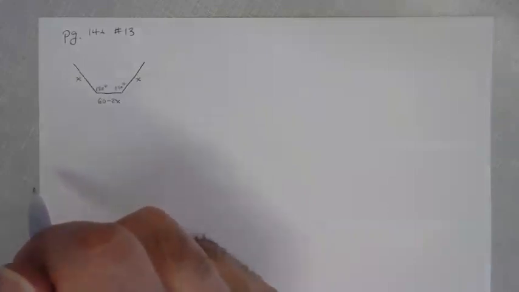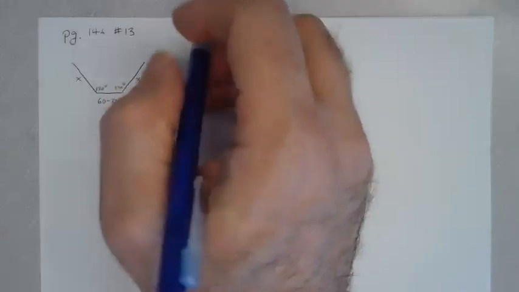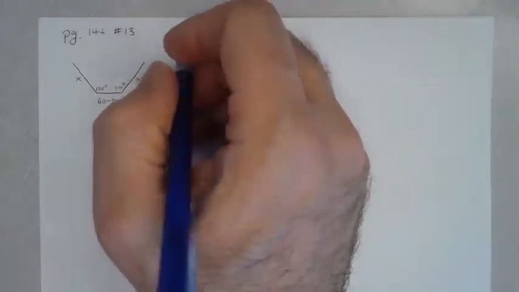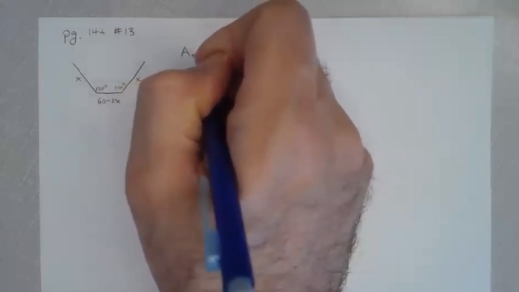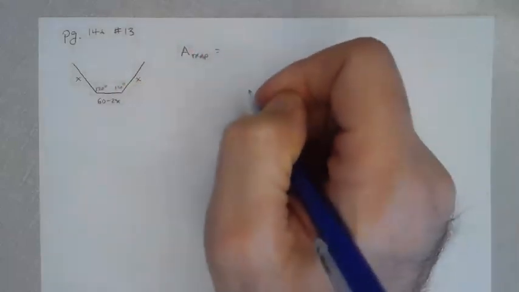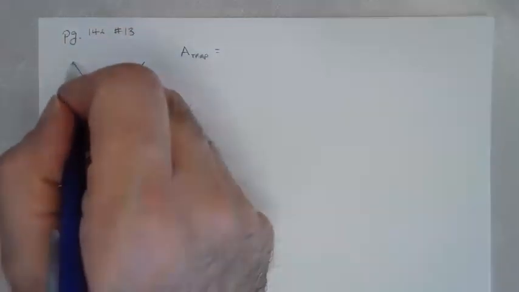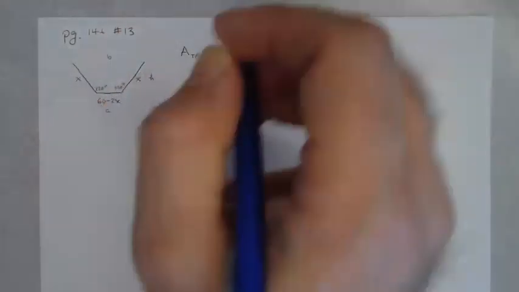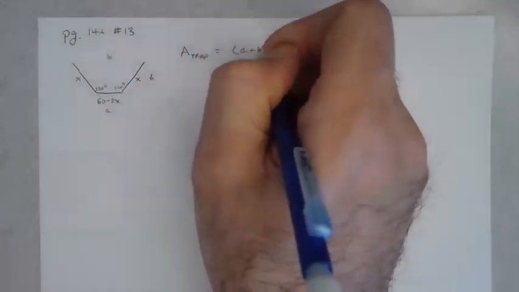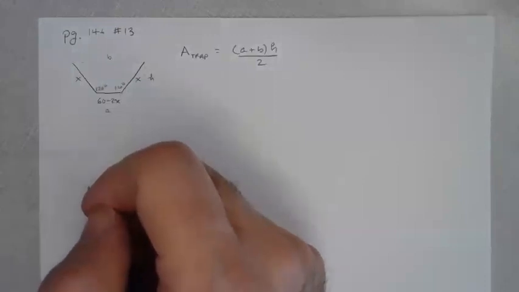All right. And so now we want to write down what we're trying to maximize, which in this case is the surface area of my trapezoid. Okay. And of course, we know that that's given by, so, let me draw my diagram here, that if this is the height, and we'll call this B and we'll call this A, it's A plus B times H divided by 2. So this is what we're trying to maximize.